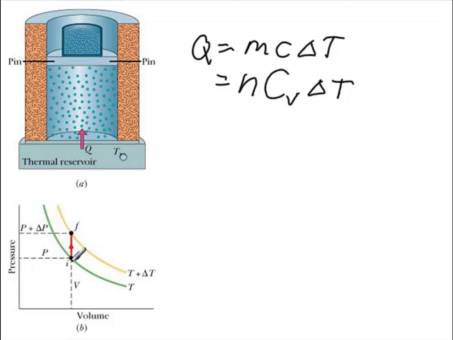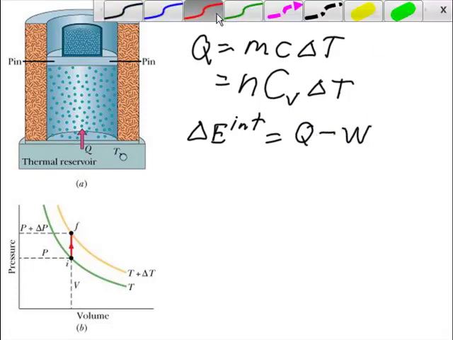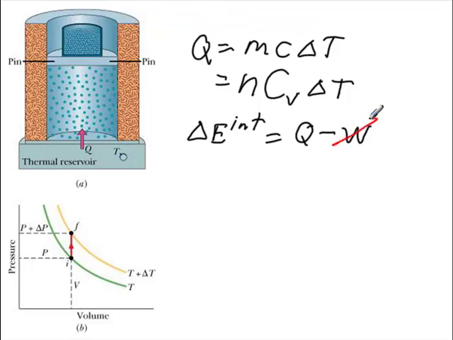We've just pointed out that this is a situation with no work, which means the change in internal energy, which is equal to heat minus work, is just the heat because the work goes to 0. And I have a formula for the internal energy.